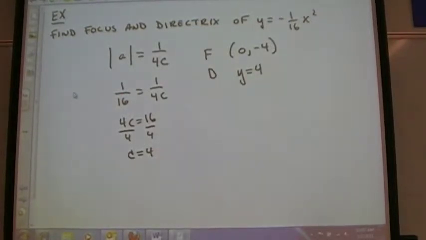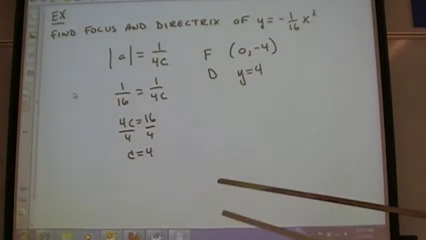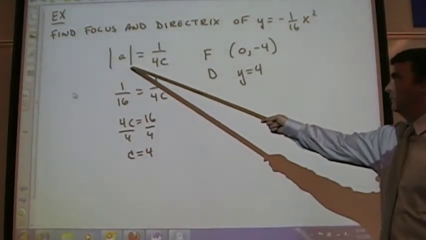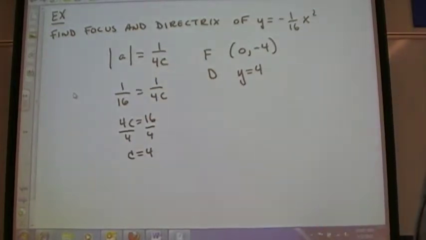All right. Find the focus and directrix of y equals negative 1/16 x squared. So they give you the equation. You got to find the focus and directrix by again using the same formula. Absolute value of a equals 1 over 4c.